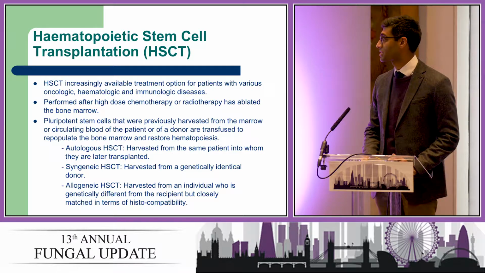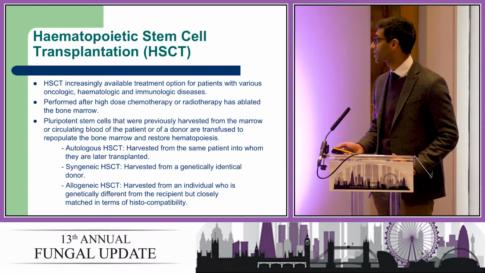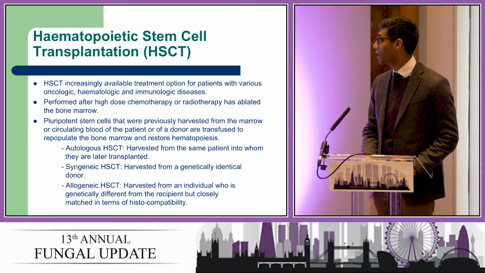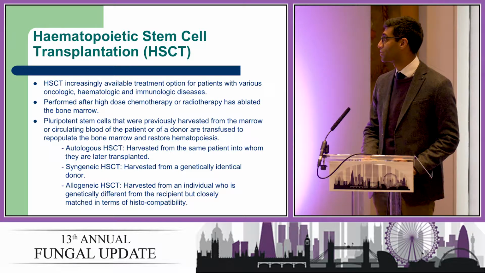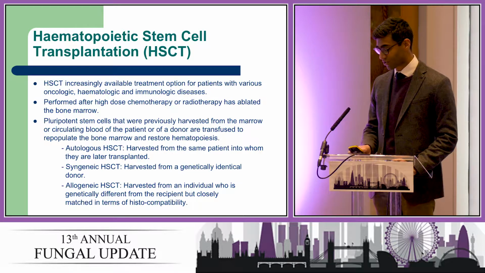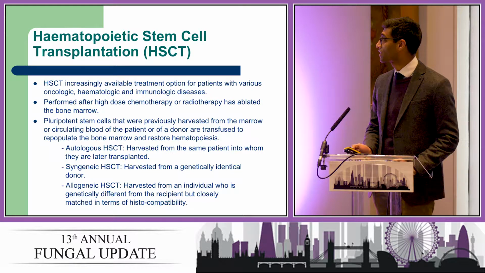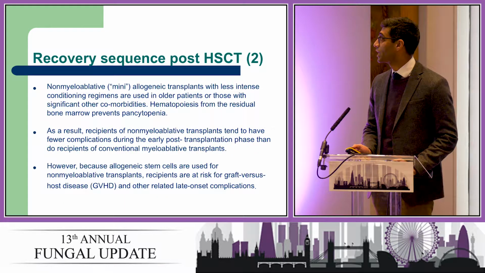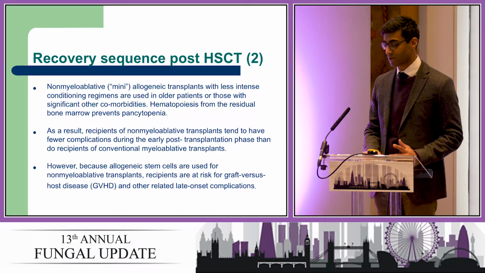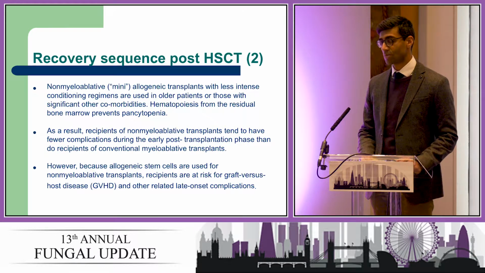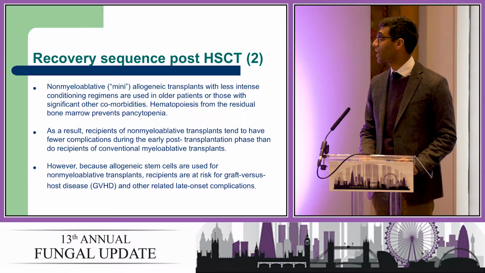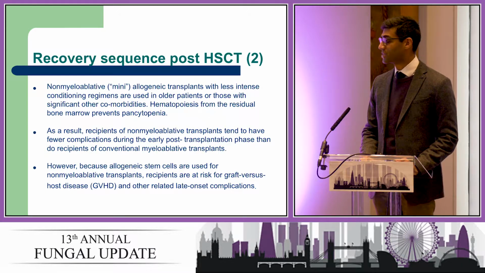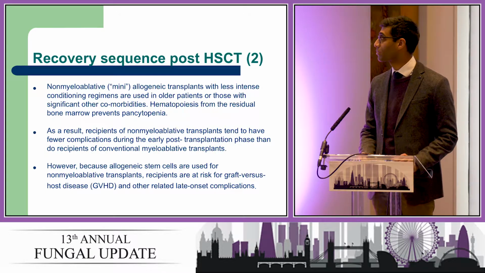Now, there are three main types, as I'm sure you all know. The most common in clinical practice is allogenic, where stem cells are harvested from an individual who's genetically different from the recipient, but closely matched in terms of histocompatibility. The other thing I wanted to touch upon was the non-myeloablative allogenic transplants, where patients who may have comorbidities or are elderly receive a less rigorous form of chemotherapy and may then go on to have a stem cell transplant.